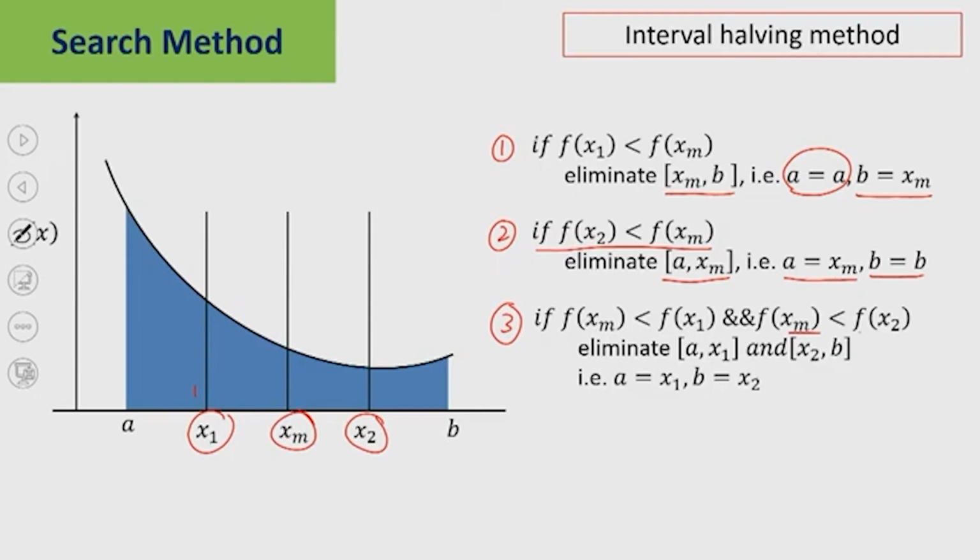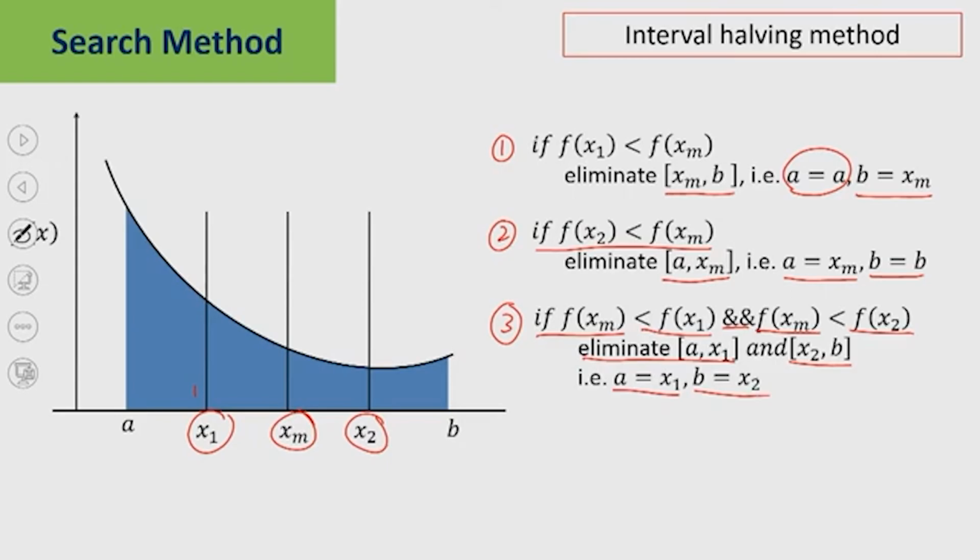Now, if the third condition is true, that means f of x m is less than f of x 1 as well as f of x m is less than f of x 2, then you eliminate the regions a x 1 and x 2 b. So, a will be equal to x 1 and b will be equal to x 2.